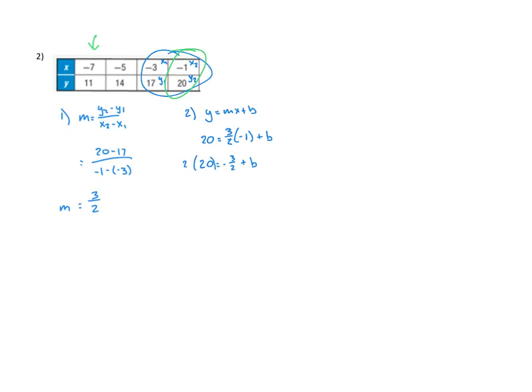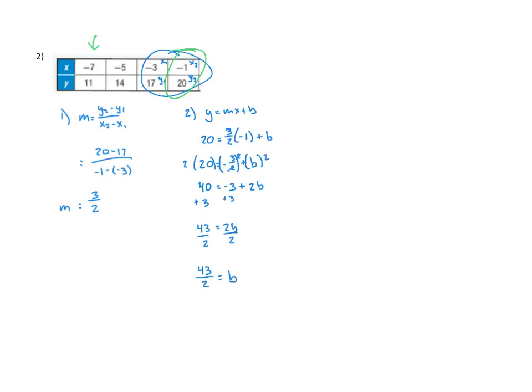So I have 2 times 2 times 2 and times 2. So I have 40 is equal to a negative 3 plus 2b. Because remember, the denominator cancels out, which is what we wanted it to do. Now I'm going to add 3 to both sides. 43 is equal to 2b, divided by 2. b is equal to 43 over 2.